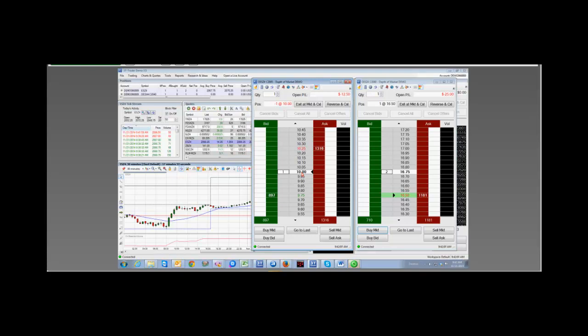Now, you have a couple options for exiting this market. To take the full advantage of the spread, the market would need to come up above our higher strike price.